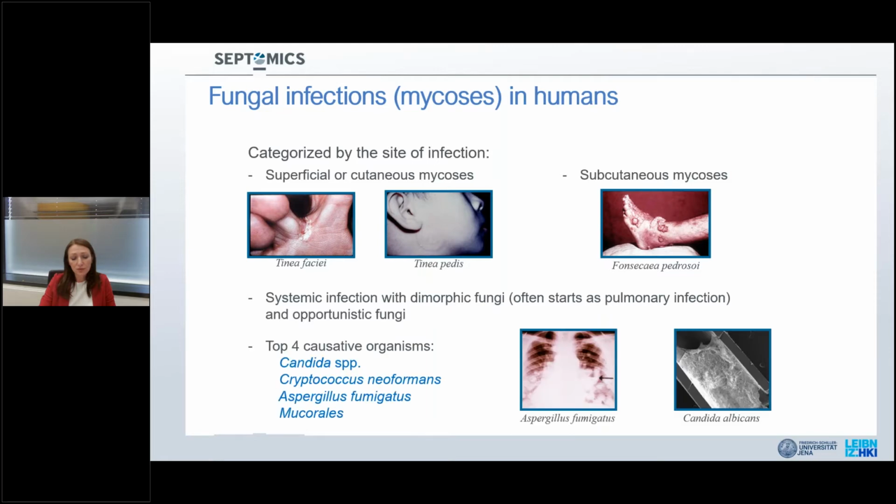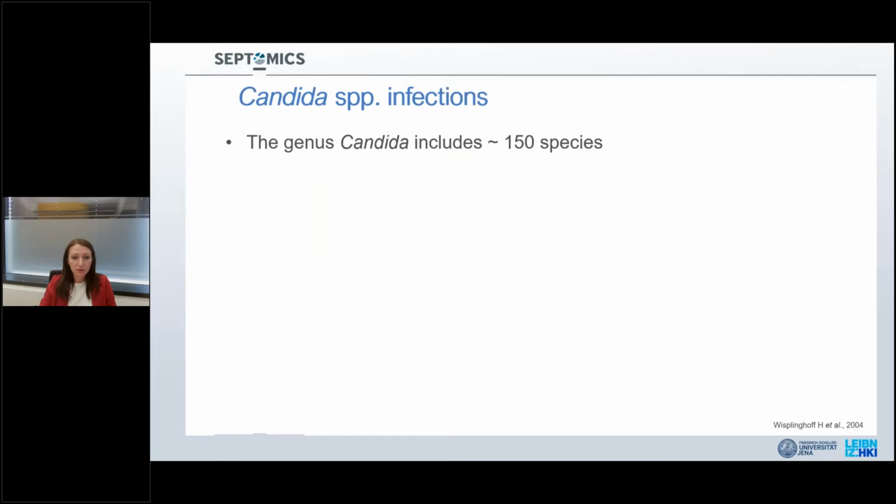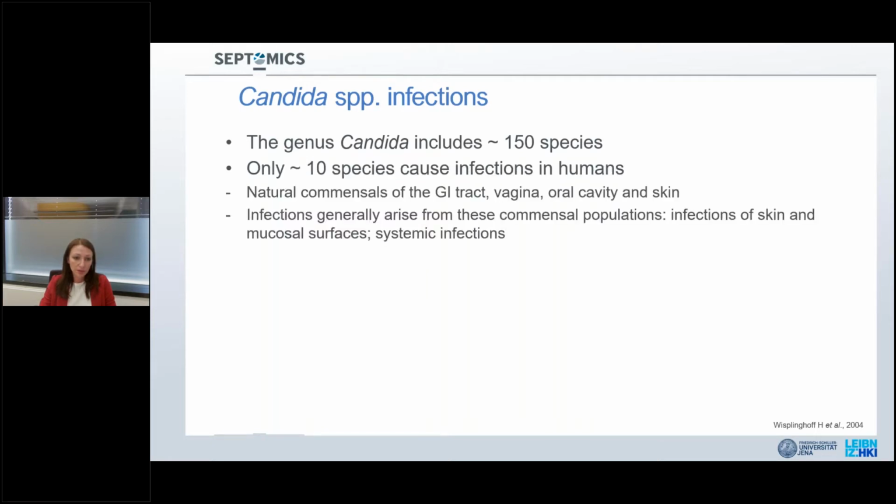And today I will specifically focus on Candida species, which are opportunistic fungal pathogens. The genus Candida comprises about 150 species, but only a handful of those can colonize diverse host niches and cause infections in humans.